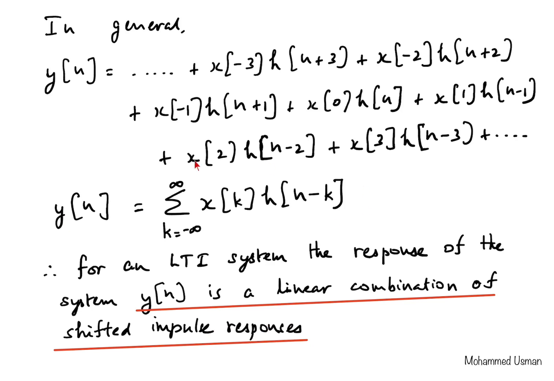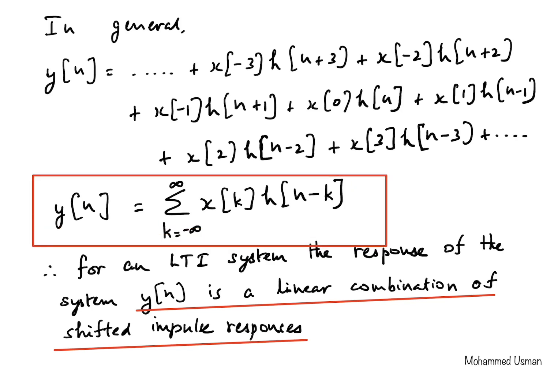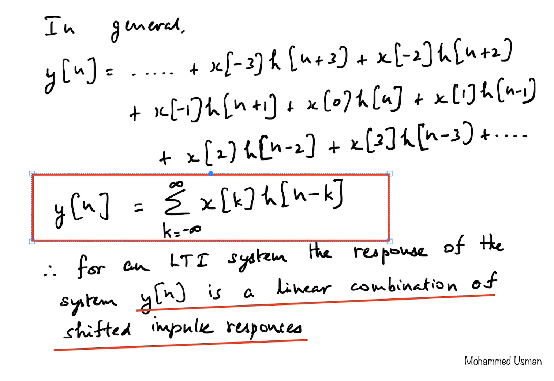Okay, and this expression that we have for y of n here, let me mark it in a red box here. This is an important relationship. This is a very, very important equation. It's called the convolution sum of the response of a system.